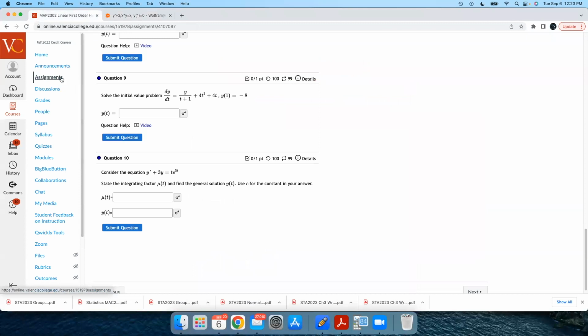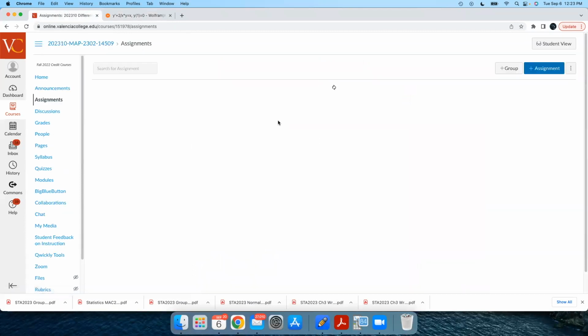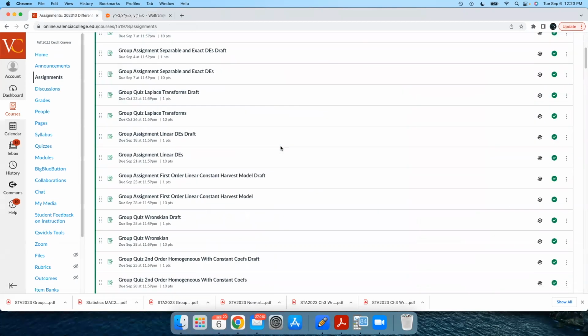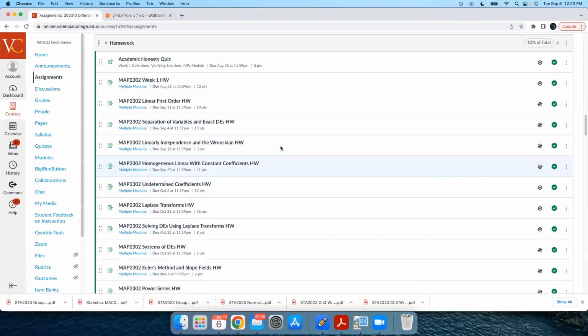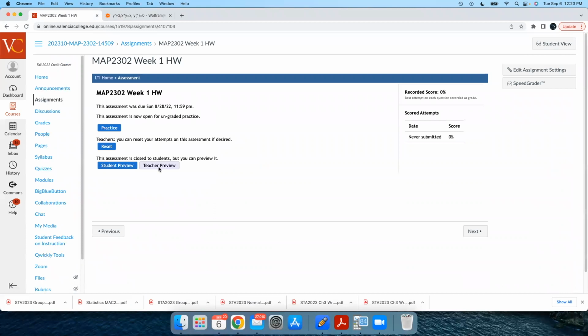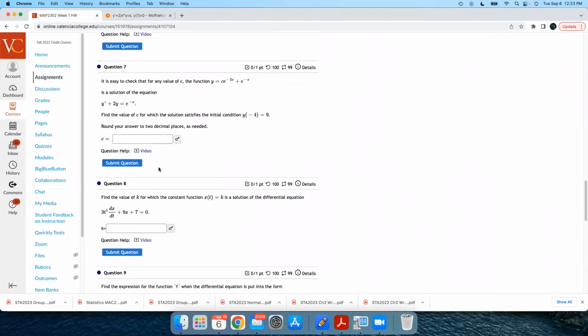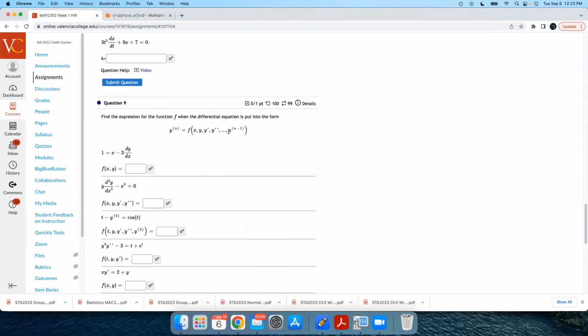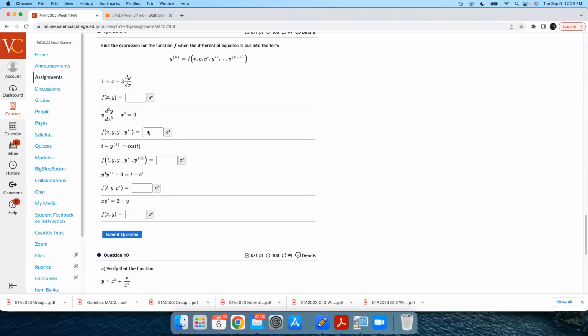Okay, a couple of people wrote me questions asking about question 9. I think I need to change the directions here, make this a little more clear. In each one of these, we're just solving for the highest order derivative and writing everything else on the other side.